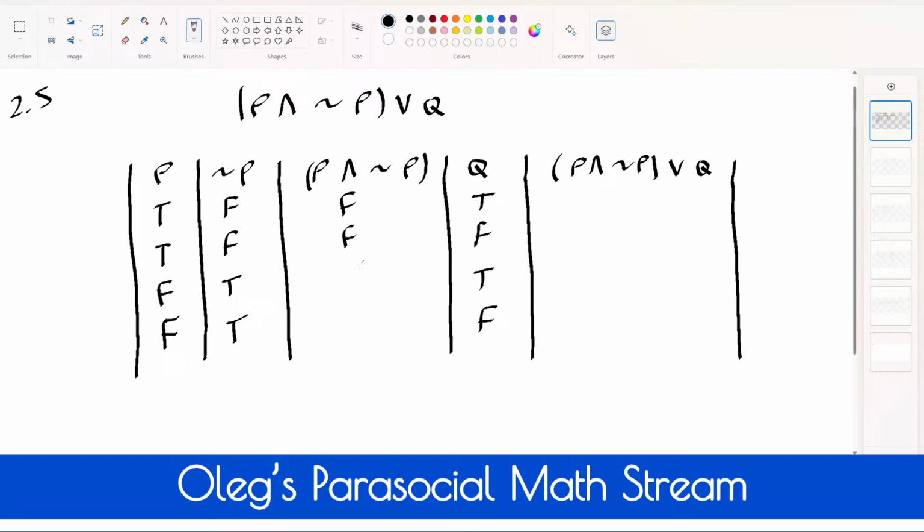False, false, false, false. So we're going to say or Q. So the first half of it we know is false. So whatever happens, it simplifies it in a sense. We know that we can't get any truth out of it, therefore we're going to worry about our Q, our or.